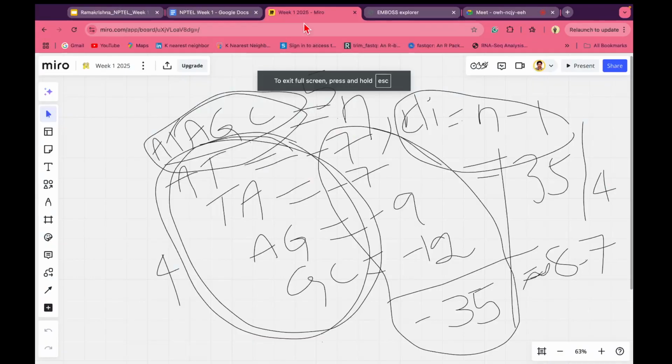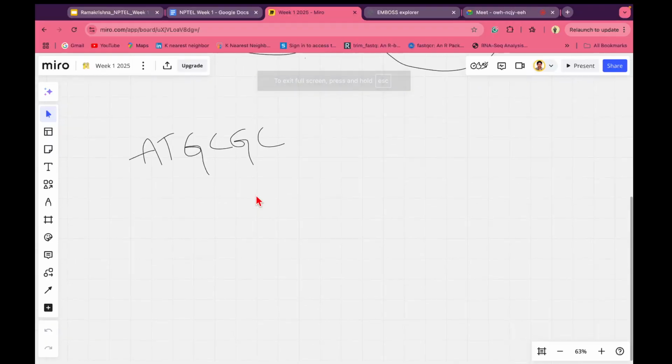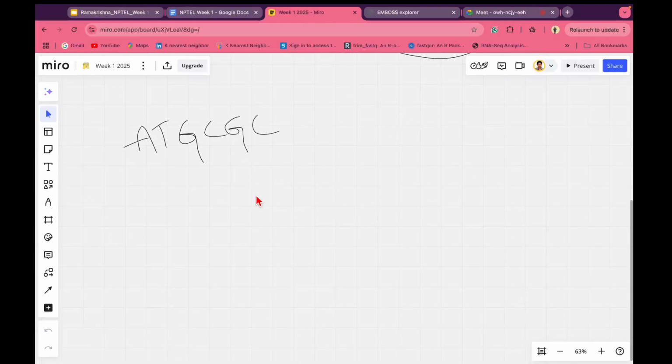Let's understand this a little more sequentially. Consider a nucleotide sequence of length 6, and now let's try to form the possible overlapping trinucleotide units.